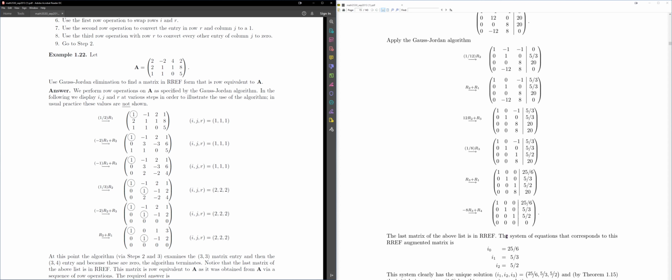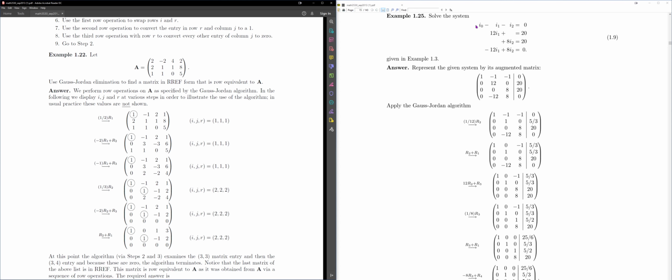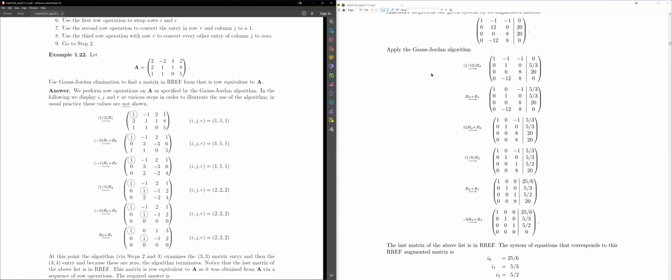And because row equivalent matrices represent equivalent systems, the solution of this is going to be the solution of this. So now we know what we're heading towards: if we start off with your augmented matrix, you're heading towards something that is RREF.